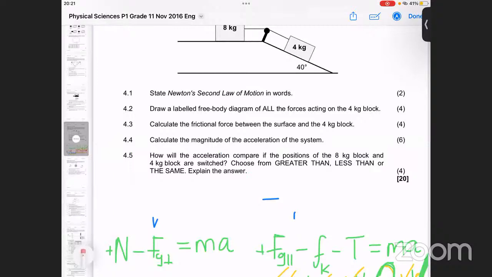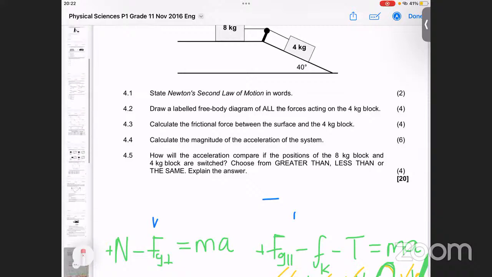But did you guys understand how to analyze this type of question where there is a pulley there, honorable members? Yes, sir. Okay, then it's fine.